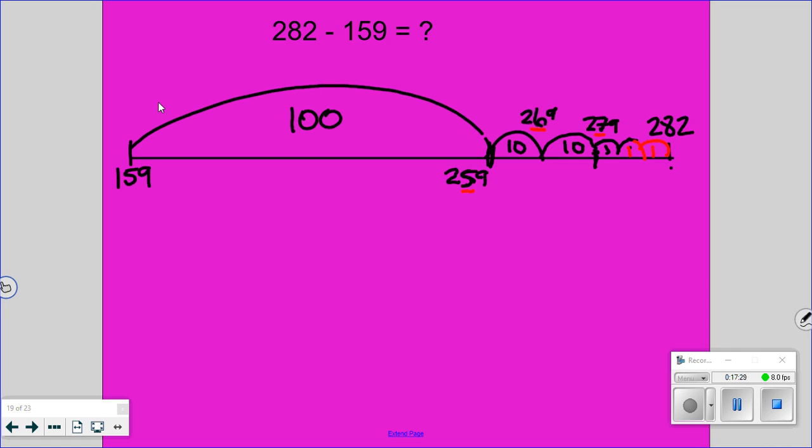To figure this out, I have to add up my hops. Julian, you think you got it? 123. Very good.